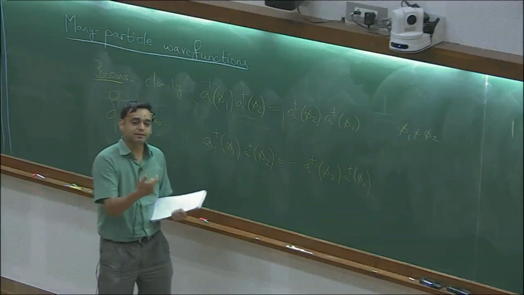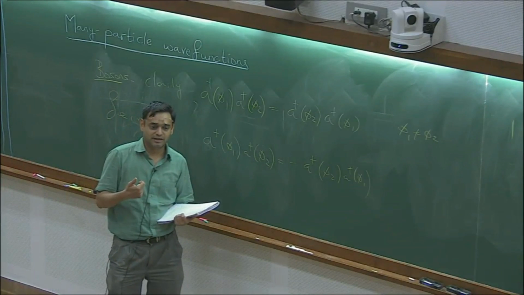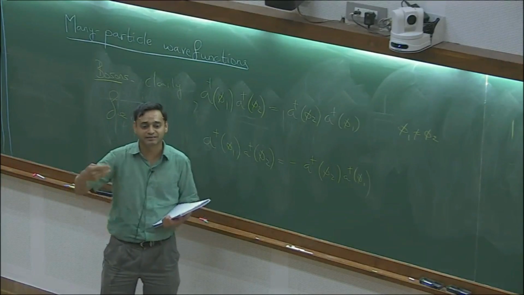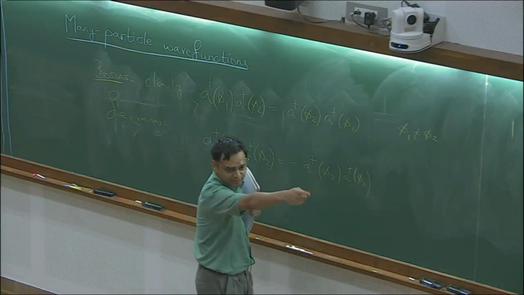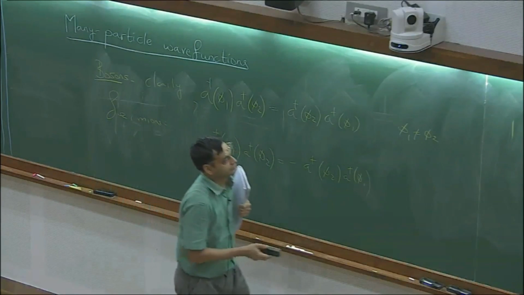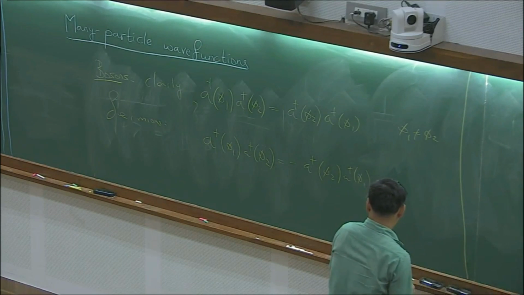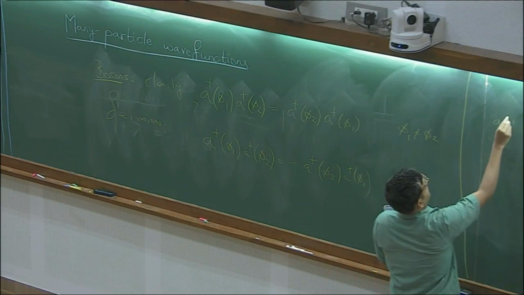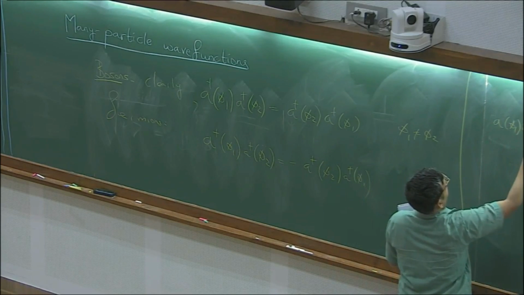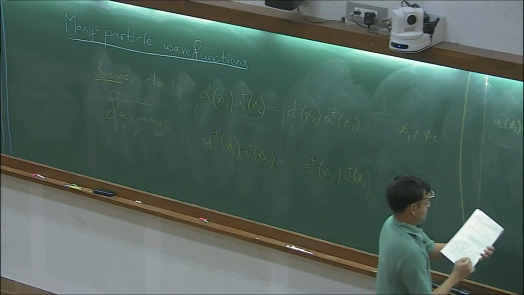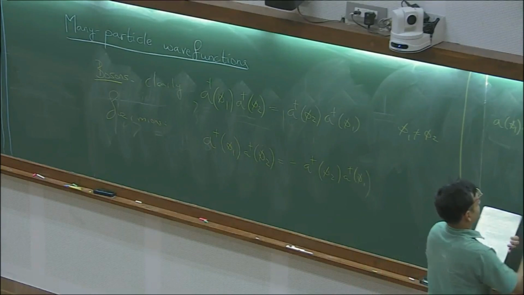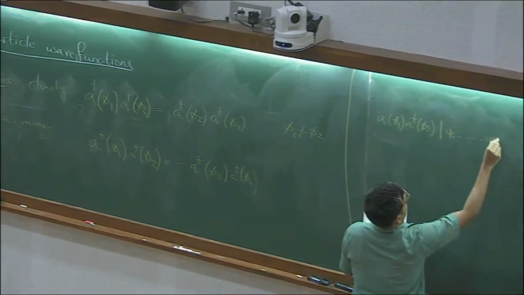What if you add a particle and then remove it, and compare that to removing a particle and then adding it? Right? We can use these definitions to work that out. So compare A of phi 1, A dagger of phi 2 acting on some ket psi n.